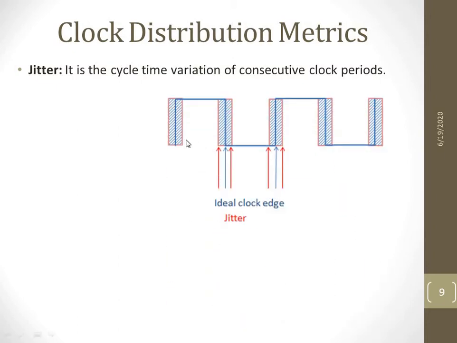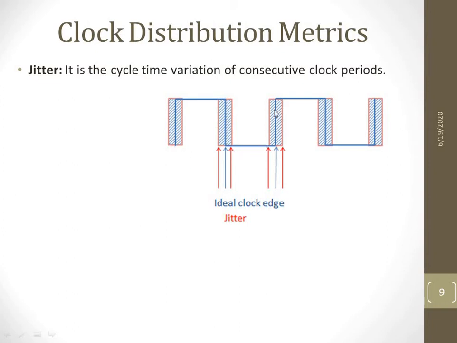So here you can see, the blue line should be my ideal clock, or the ideal clock edges, what you can see here. But sometimes it may take this much period for the complete clock cycle, or it may take from here to here.